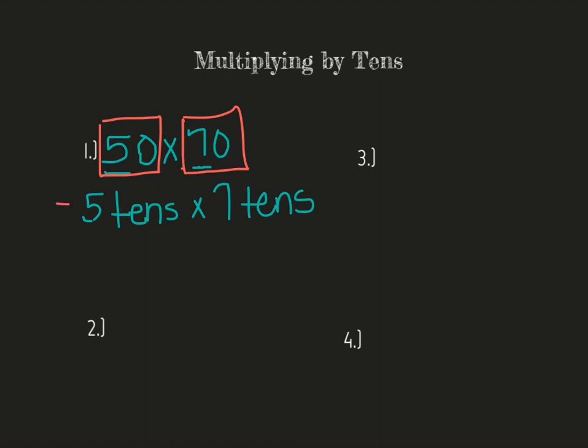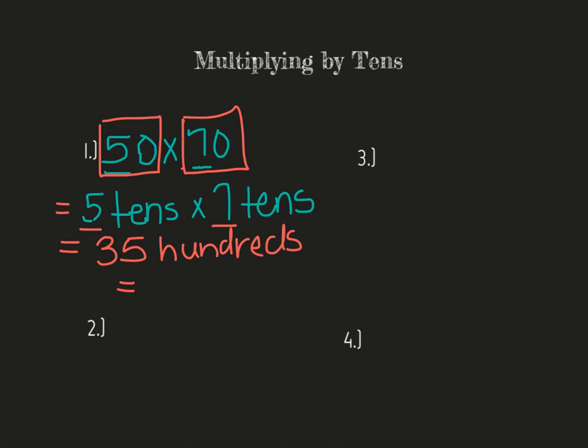So now I can say, how many hundreds do I have? Well, if I have 5 tens times 7 tens, I know that gives me 35 hundreds. And if I have 35 hundreds, how do I write the number 3500?